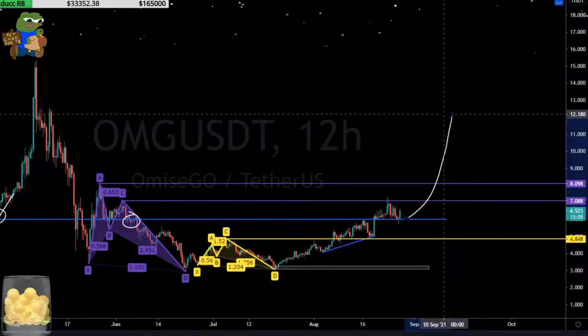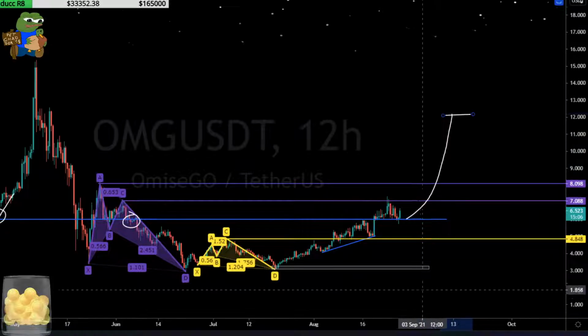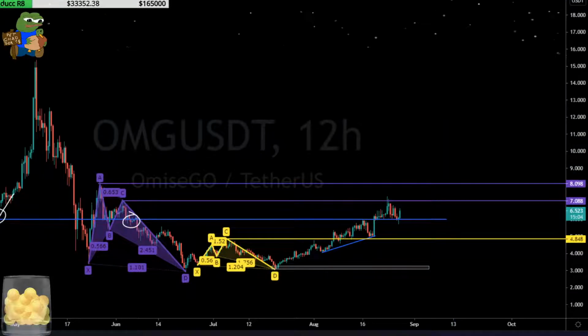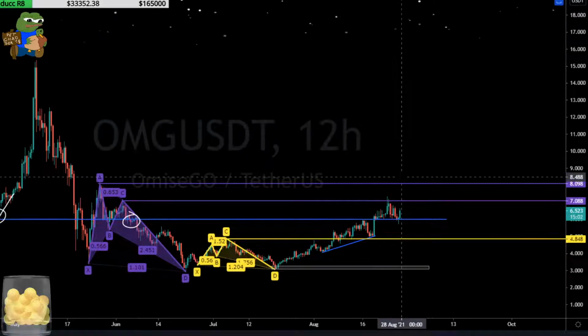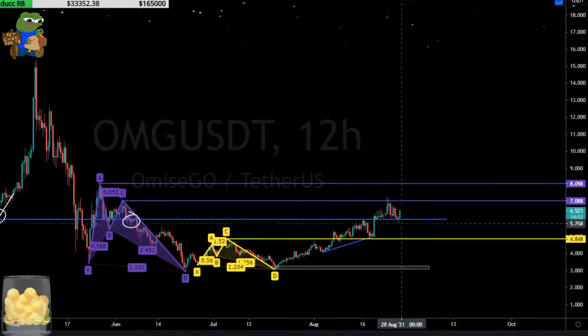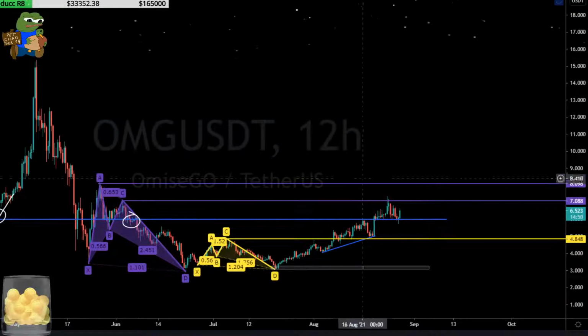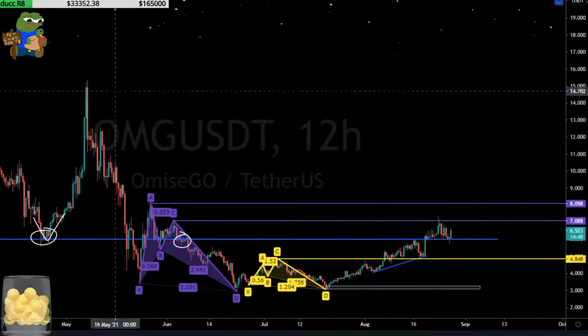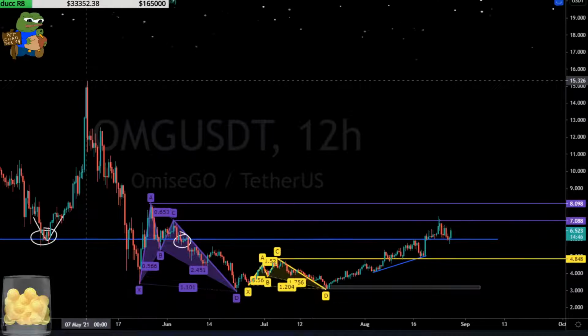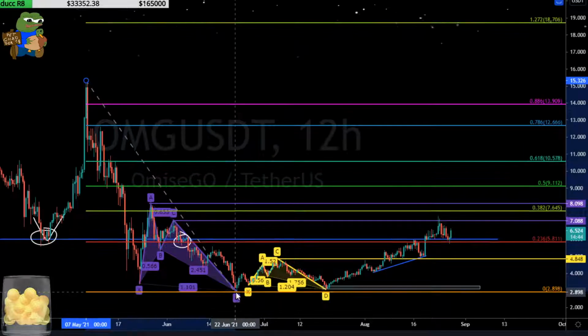The next square up is up here at $12, so that'd be good to see on OMG. And the reason you saw a much higher target than that is because I was just fibbing from the previous all-time high, $15, to the low, $3.